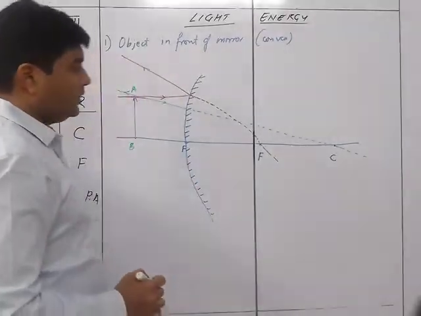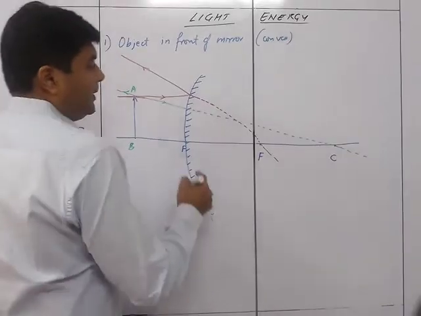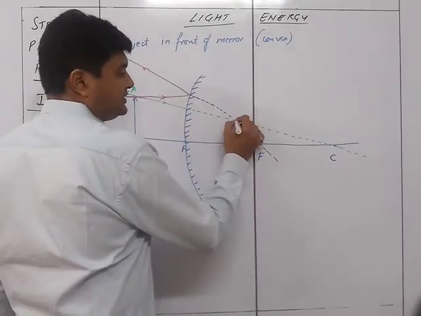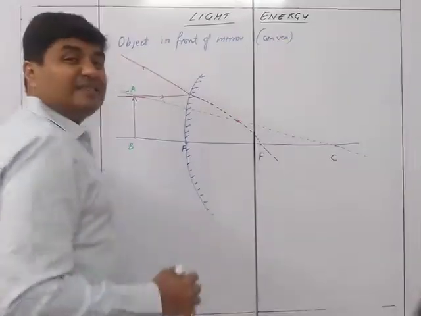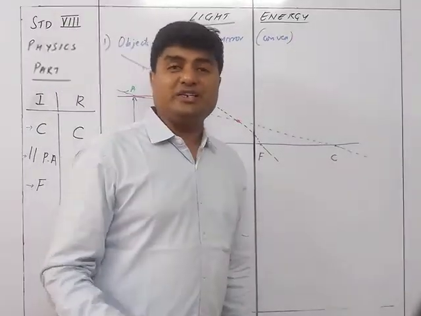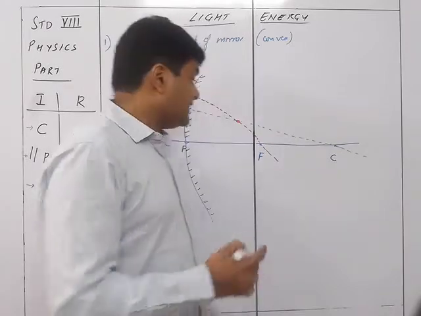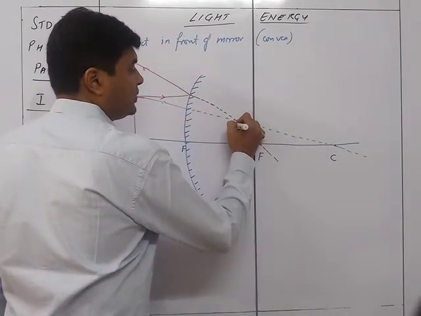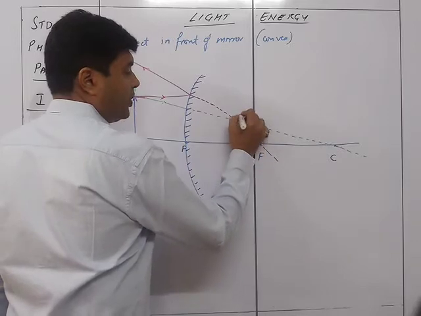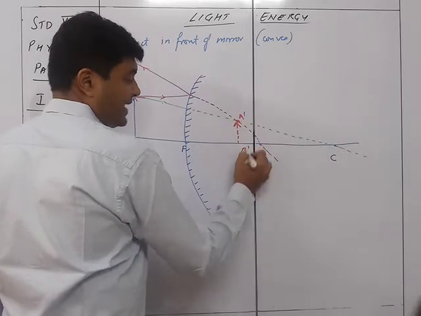So you find that behind the mirror is this particular point where these 2 lines seem to intersect each other. This is the point where the virtual image will be formed, that is A dash, B dash.